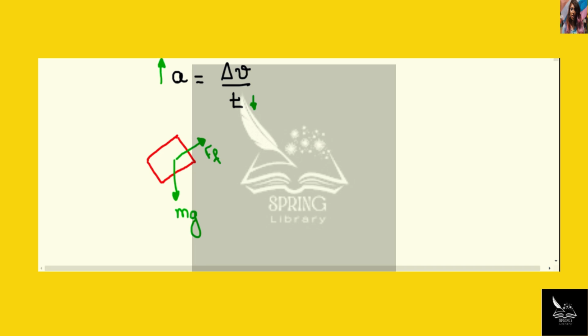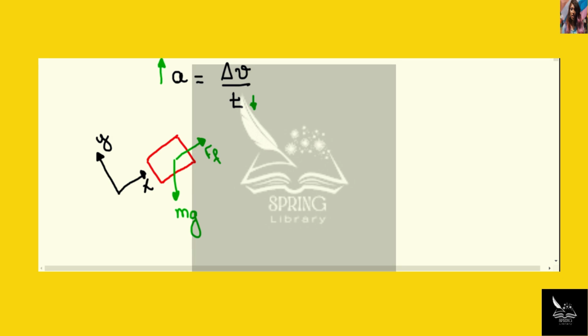And basically, we can decompose these two forces in two components. One component that I'm going to call y is perpendicular to the block, and the other component is parallel to the surface, and I'm going to call it x.